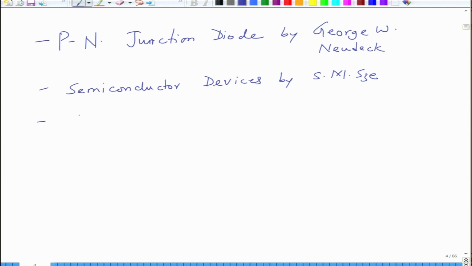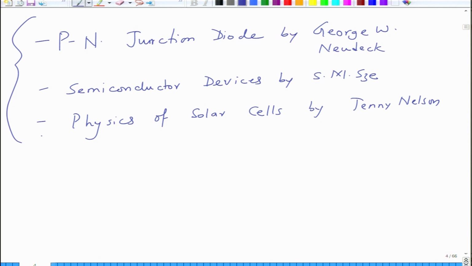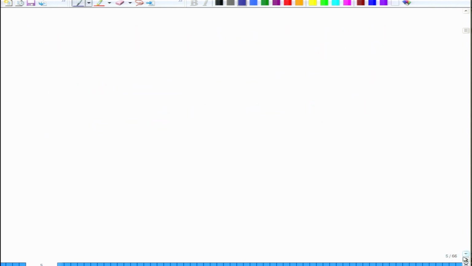Then in the context of solar cells, you can also look at Physics of Solar Cells by Jenny Nelson. These are three books which can be useful to understand this whole p-n junction electrical characteristics in detail.